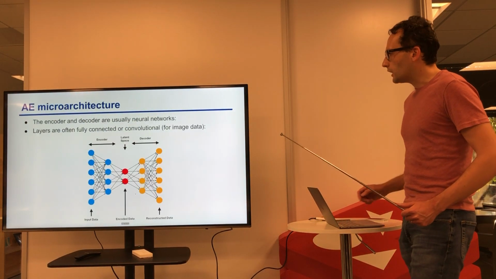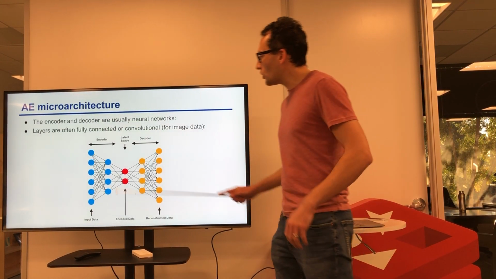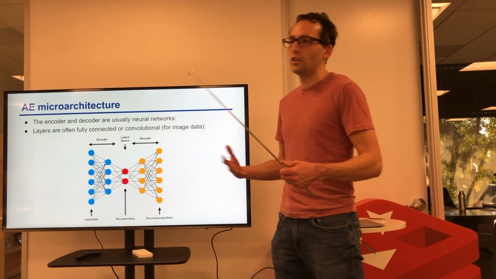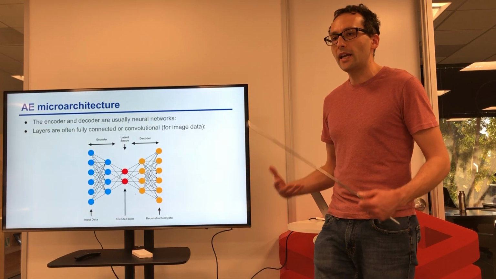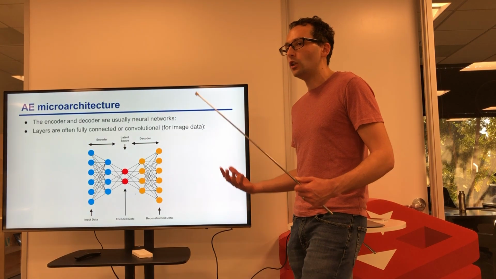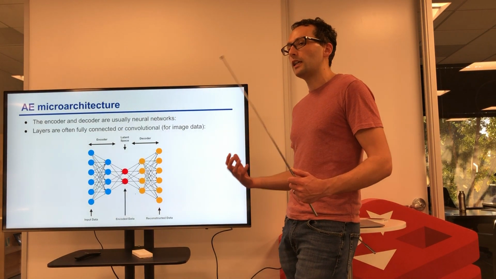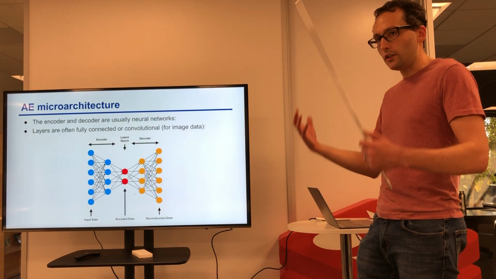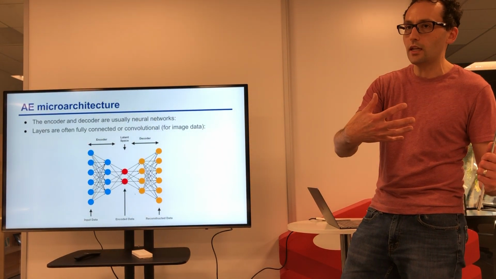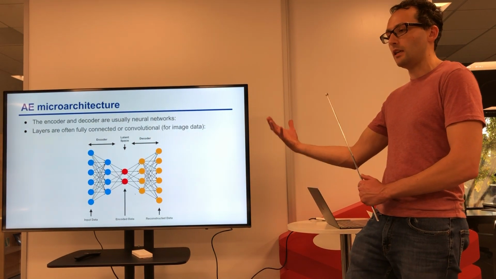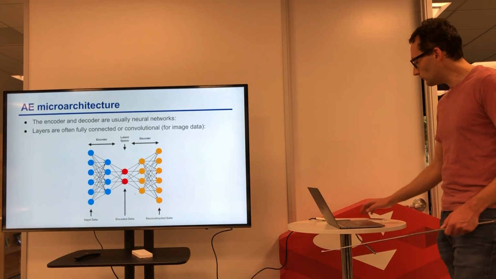Skipping back for a moment, these connections, if you're familiar with neural networks, are all given by just addition and multiplication by weights and biases. These are just parameters that you would like to assume really nice values so that you do a very good job at your task at hand, which is taking in data, sending it to some low-dimensional representation, and then expanding it to the original thing.